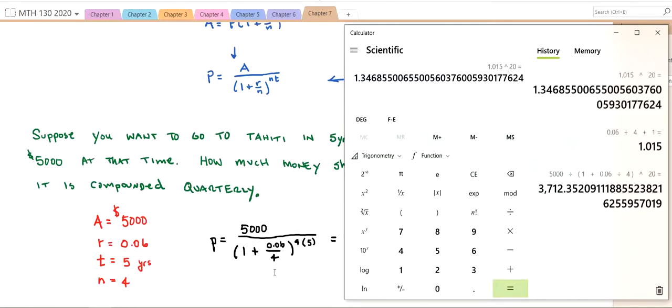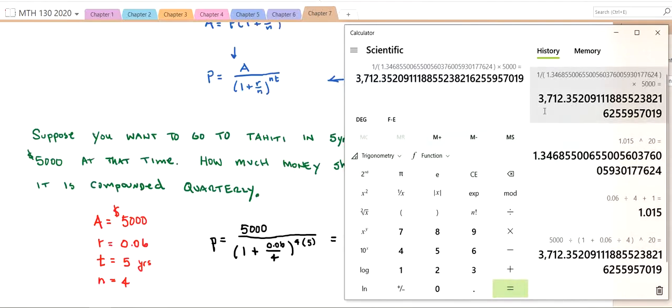And I'm slowly accumulating information in this calculator. The way I've done this, it's in the numerator, but it's supposed to be in the denominator. So in order to do that, I can press the reciprocal key, 1 over x. Now that puts it in the denominator. And I multiply that by 5000.